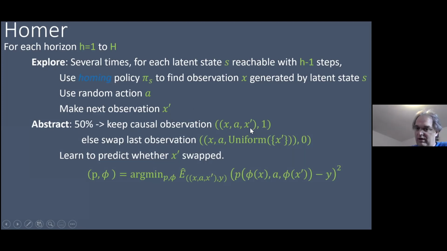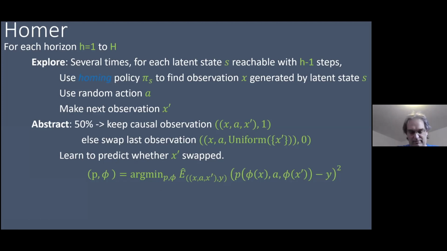There'll be a label of 1 when it's causal and a label of 0 when it's acausal. And now we're going to do something a little bit complex. It's not just an arbitrary regressor that we're using. We're going to use a regressor which has a bottleneck in it. The form of this regressor is going to be, so P is essentially just a little lookup table, but phi can be a very complex function.